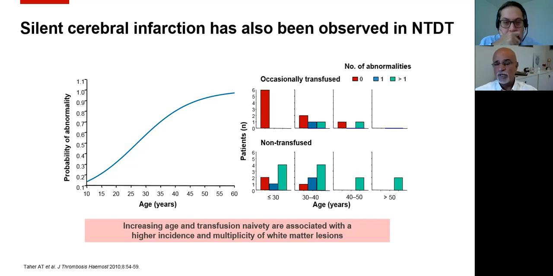It is more common in those that were non-transfused at all. So once again, through what Khaled presented and what I'm presenting, splenectomy is not really something good to do in these patients. And not transfusing them also is not very good, and we should know when to transfuse these patients. And also chelating them is really very important, because as you see, these are very important components in developing morbidities.